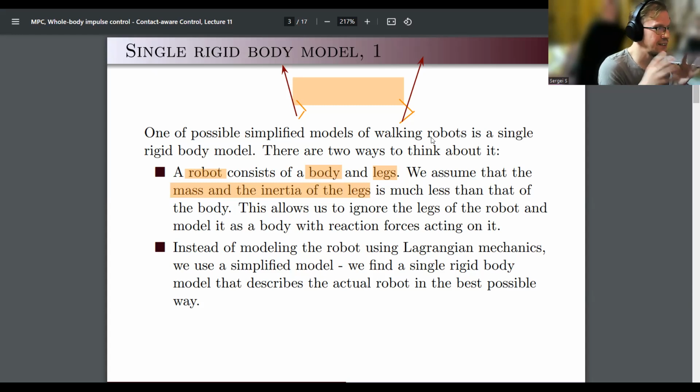So we find a single rigid body who, under the same reaction forces, exhibits the same acceleration as the robot would exhibit. Angular acceleration, the linear acceleration. So presumably the mass of this single rigid body would be the same as the mass of the total robot. Inertia would somehow be similar or exactly the same as that of the total robot, and so on and so forth.